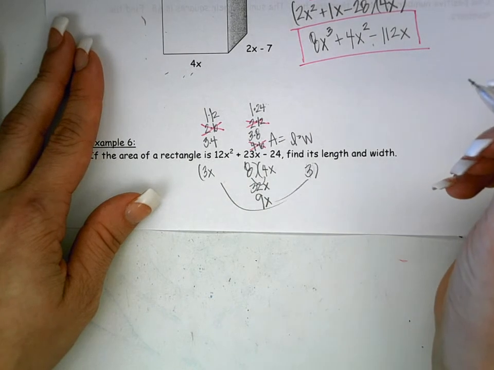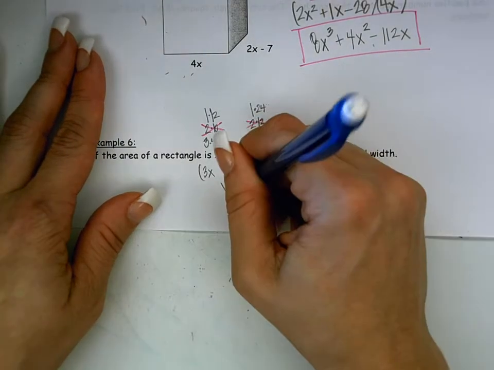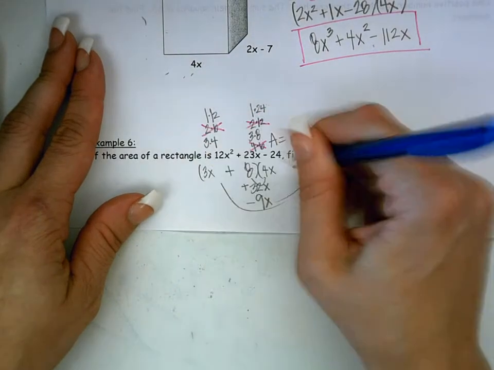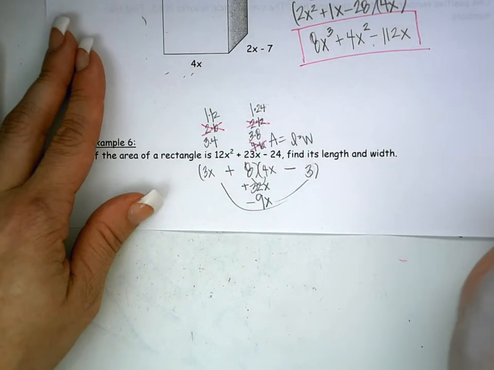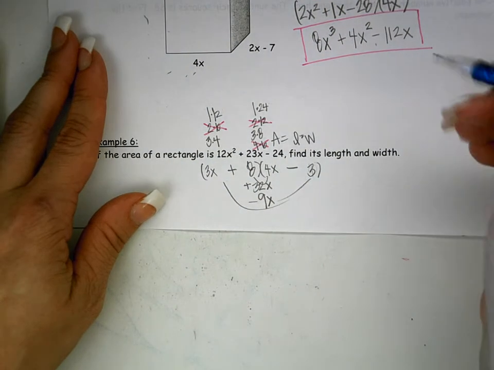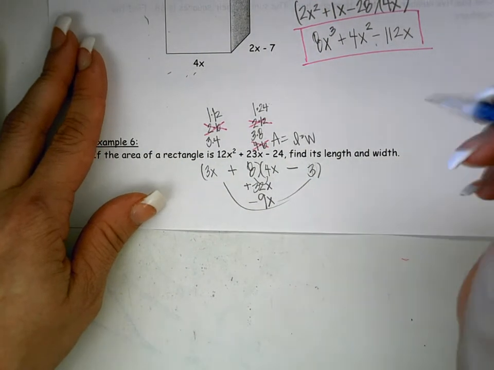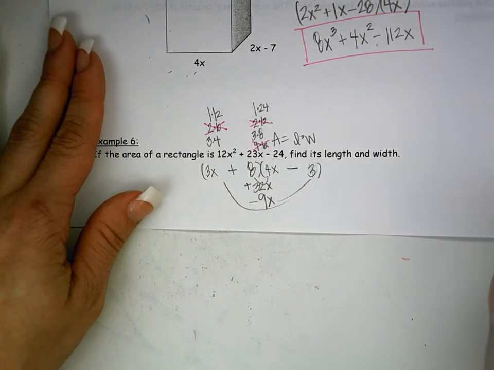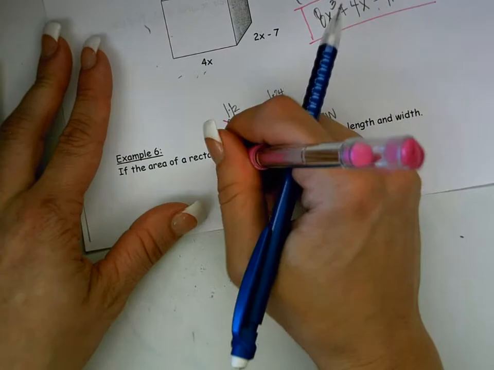Yes, positive 32, negative 9. That works. So it's not the easiest thing in the world, but if you guess and then check your answer, if you make a mistake, you just try another one. It's not that big of a deal. And that's your answer. These are the length and the width.